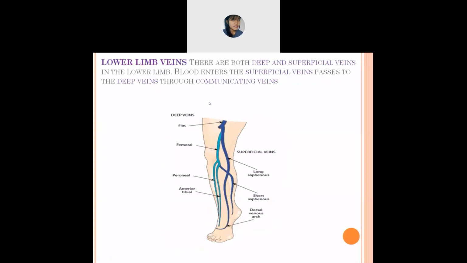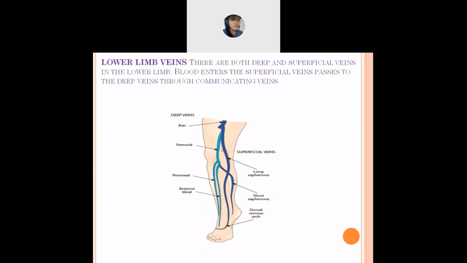Okay. So what happens here in the lower limb? Your blood enters first into the superficial veins, and from the superficial veins it passes to the deep veins with the help of communicating veins.